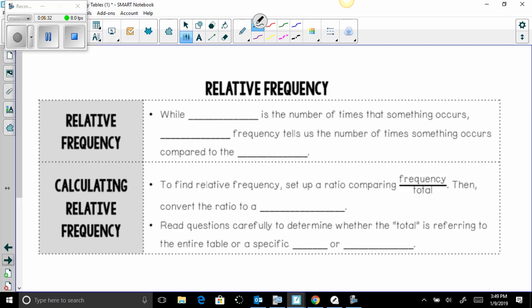Relative frequency. While the frequency is the number of times that something occurs, relative frequency tells us the number of times something occurs compared to the total.